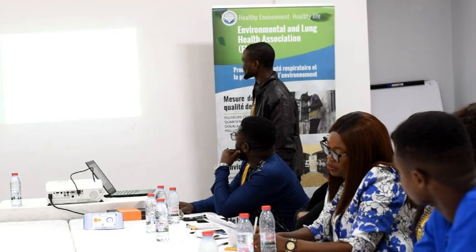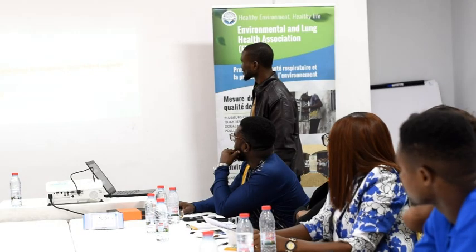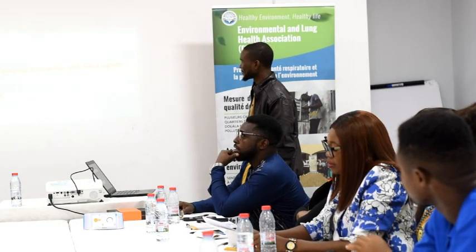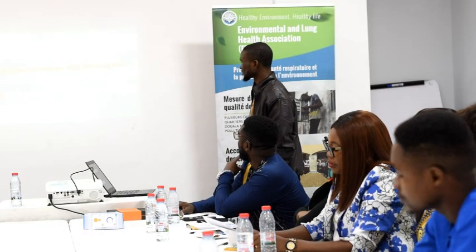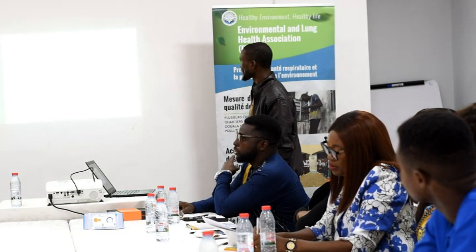Yeah, but this is actually what is in the guideline. So the goal is to get to 5. Now if you look at Bafoussam, it's 7 times more than the target, the air quality guideline of the WHO.